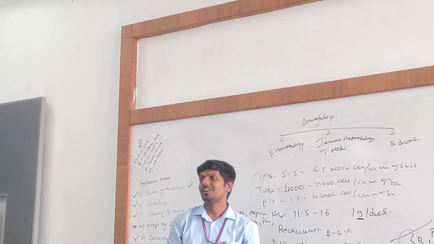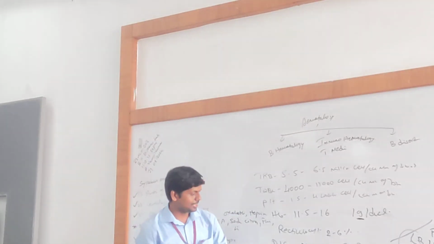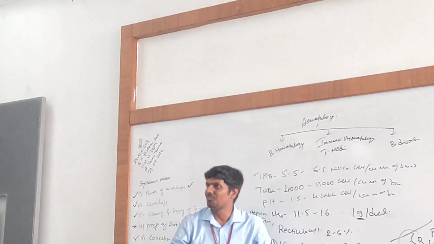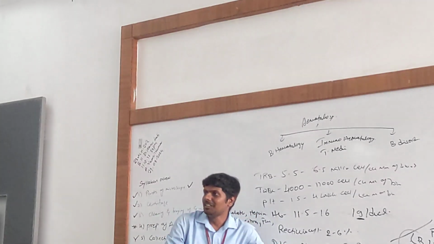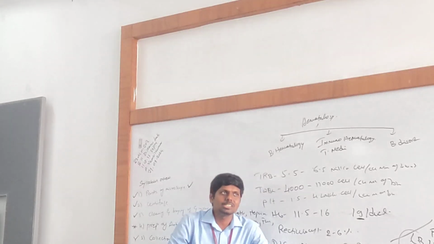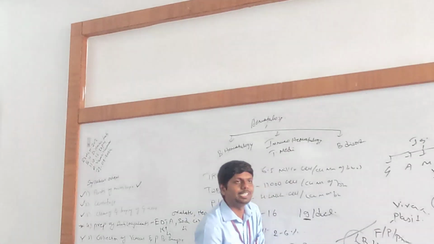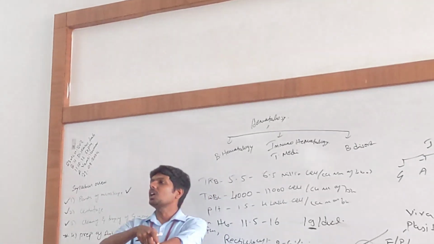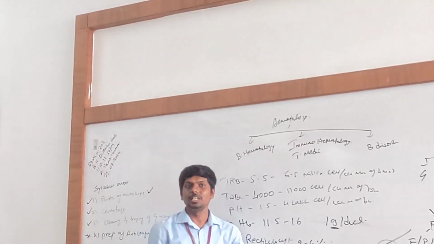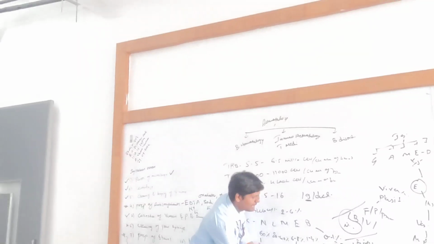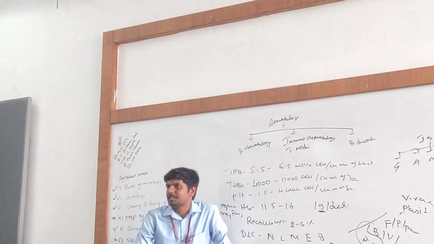You just remember that is a function of eosinophils. They will cause asthma, they will cause allergic reactions. Allergic is nothing but histamines. Histamines will cause localized itching. These two are allergic reactions. So this is a function of eosinophils.